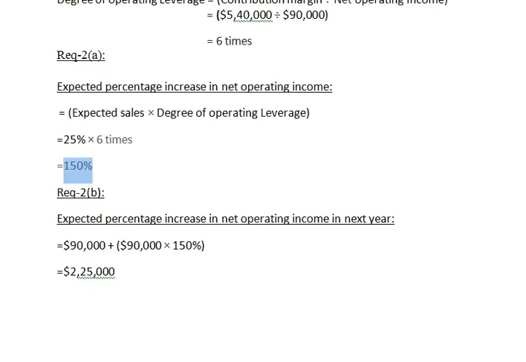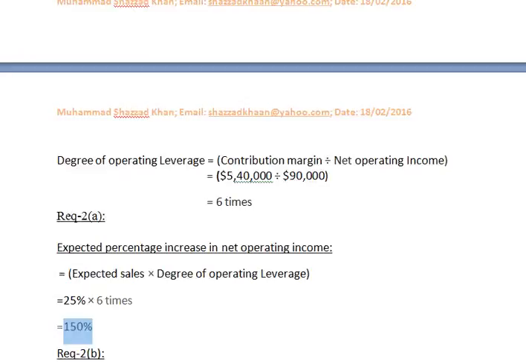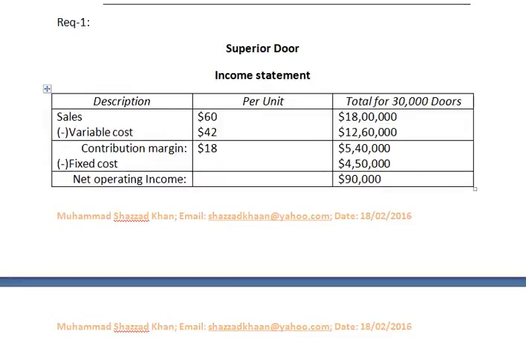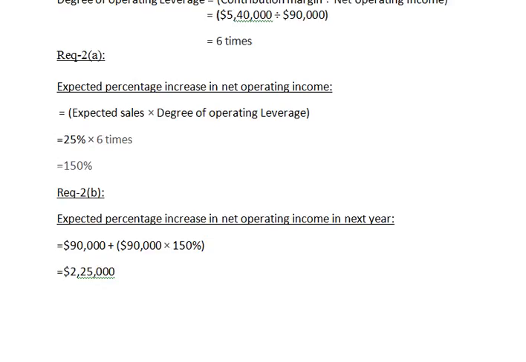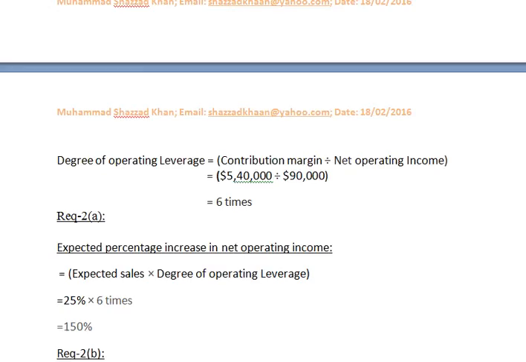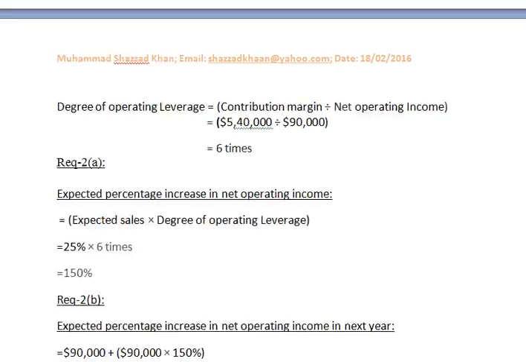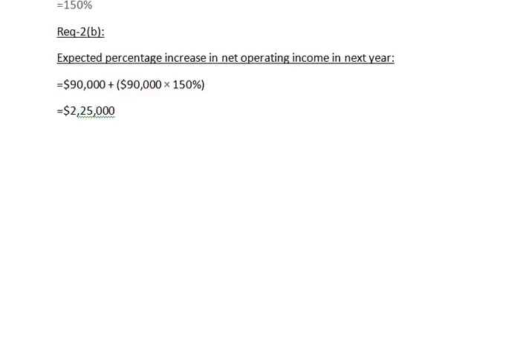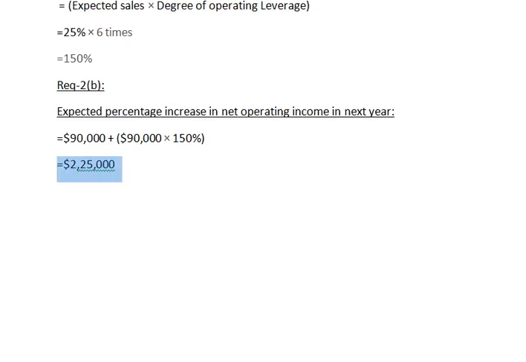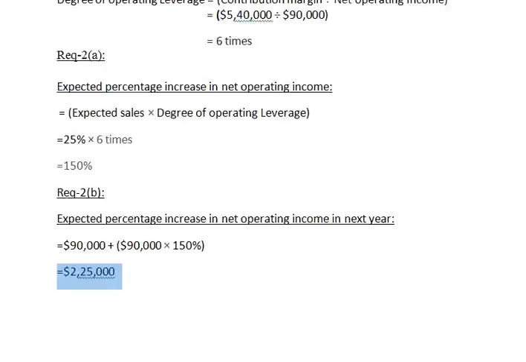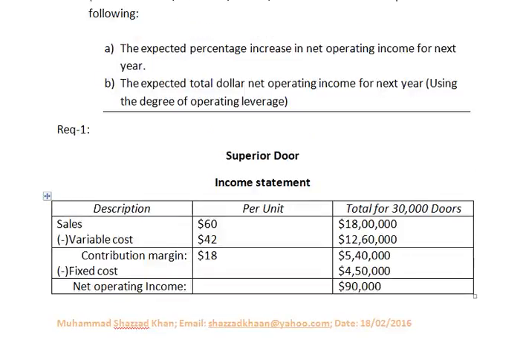For this, at first we write the 90,000 net operating income plus the 150% increase. The base amount is 90,000. By this we will get 2,25,000, which is the expected net operating income next year.